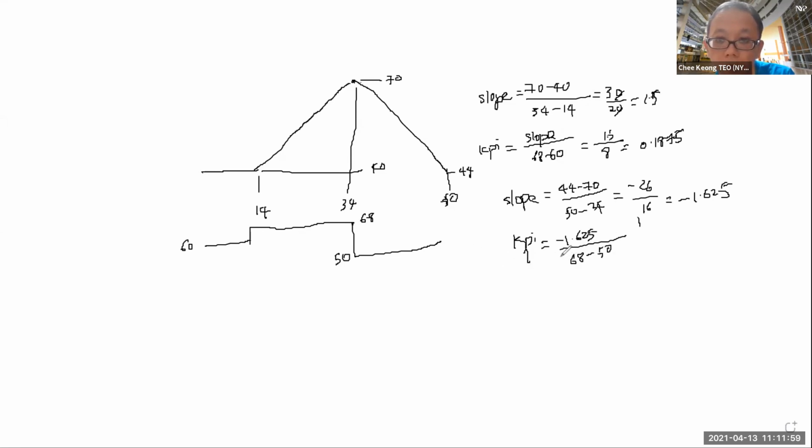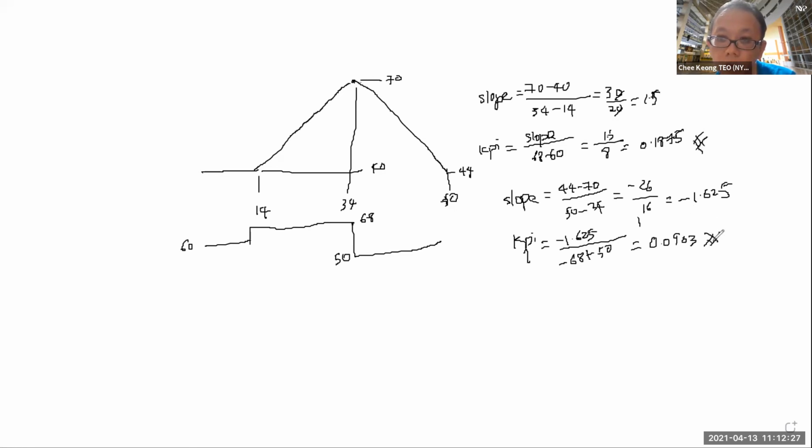So therefore it rightfully is minus 60 plus 50, so what you get here is this divided by 18. So the answer is 0.0903. So you got the first one as this one, and the second one as this one.